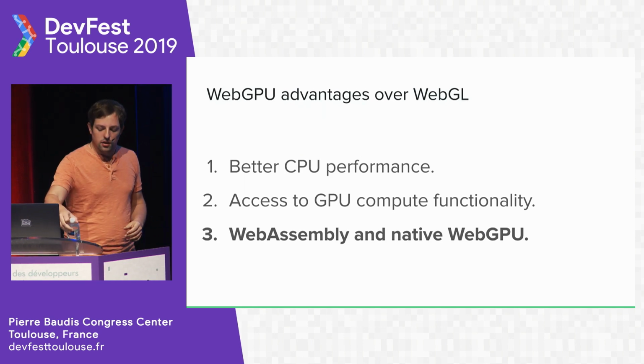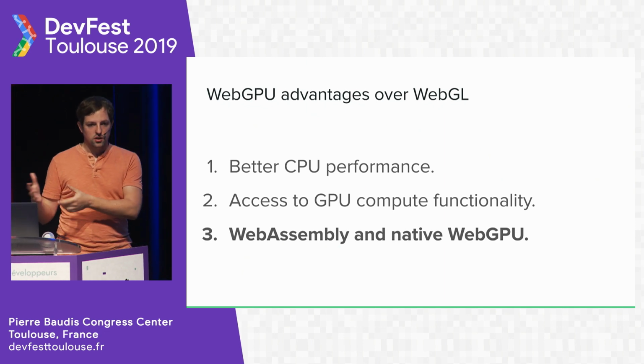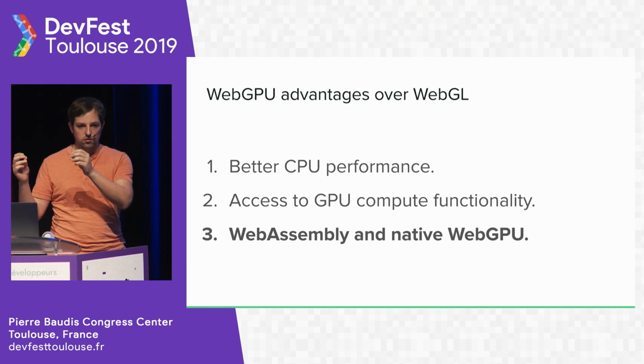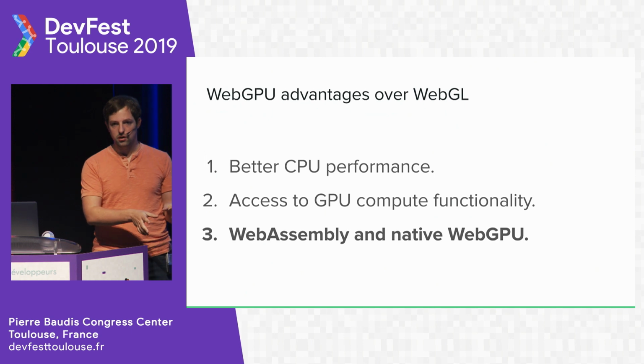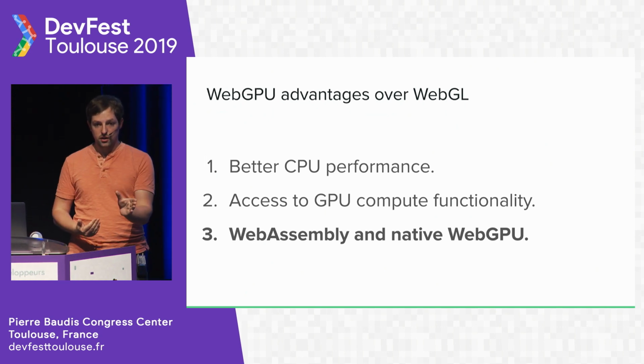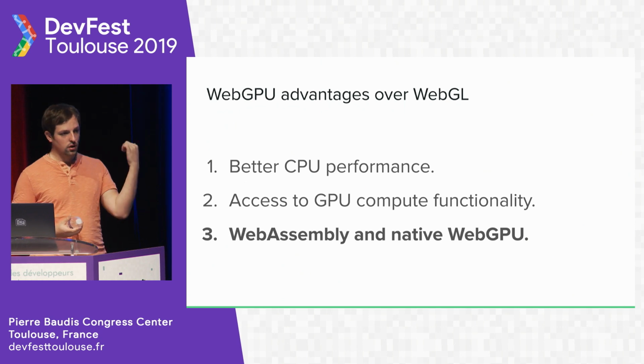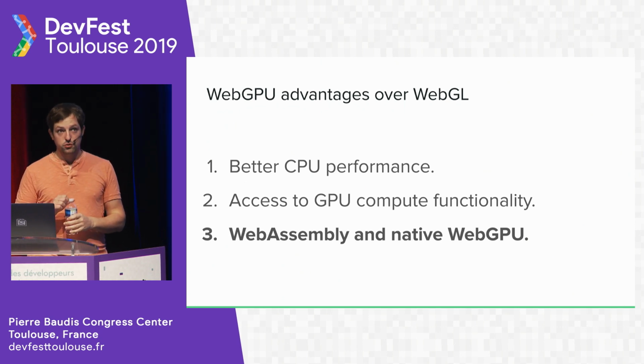But one big advantage of WebGL is that you can take your, say, Android game that uses OpenGL and compile it, and it works on the web. WebGPU doesn't have a native API like this, so it's hard to see how native applications could target the web the same way using WebGPU. So to understand how we are going to be able to do this, we'll see how WebGPU is implemented in Chrome briefly.